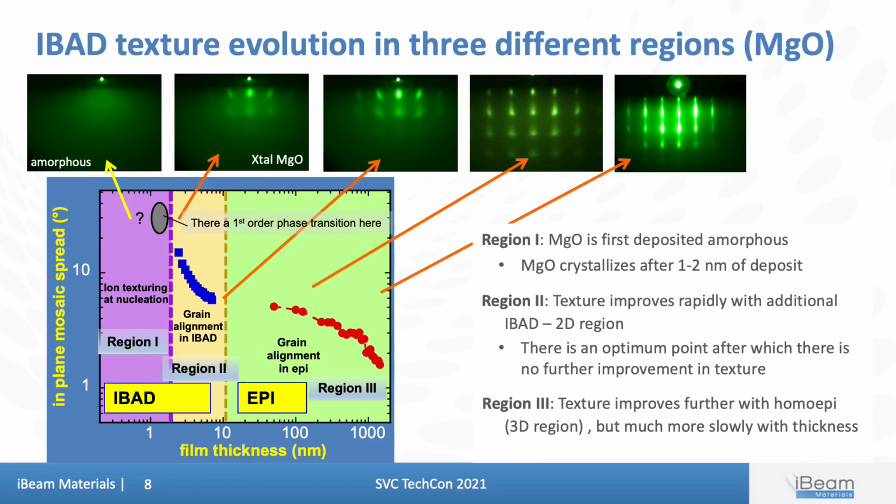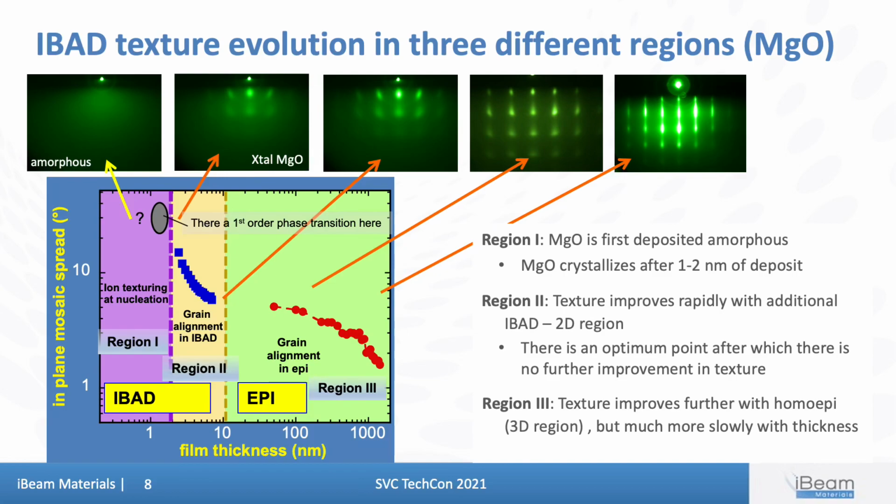In region 1 of the figure, at initial MgO deposition during IBAD, there is an amorphous layer of MgO formed on the surface. And then at about 1 to 2 nanometers of deposit, crystallization occurs, i.e. a first-order phase transition. From then on, under IBAD, texture improves. This is what I call the 2D region of grain growth and coalescence.